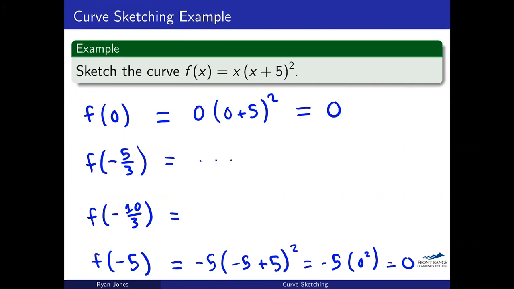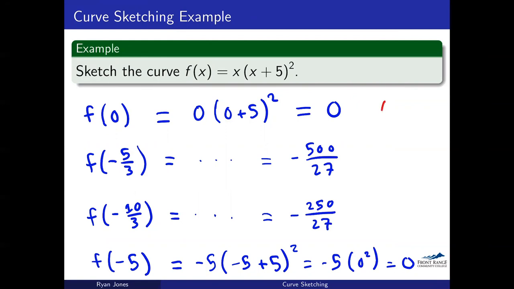I'm going to skip the work for these middle two. And just note that we get -500 over 27, and here we get -250 over 27. So while those look weird, that's fine. They're just fractions. We can deal with those.